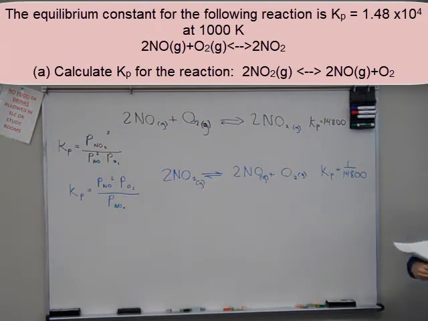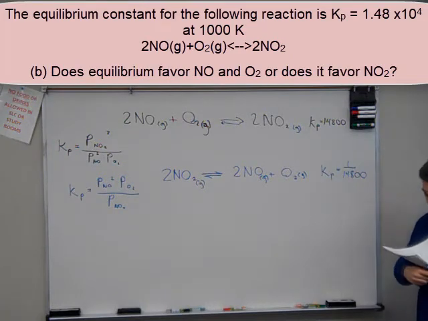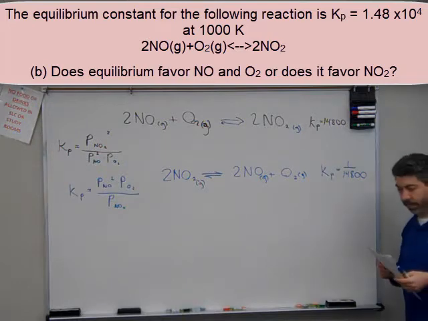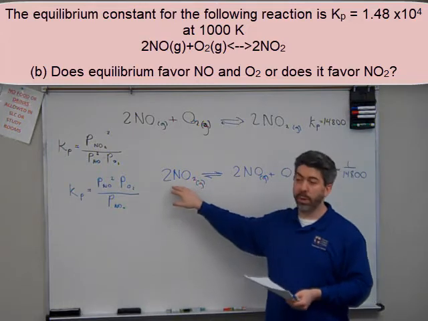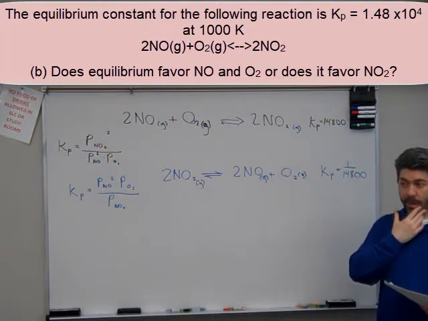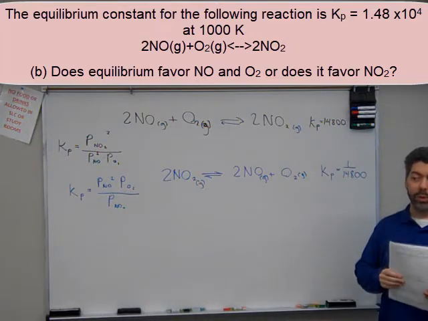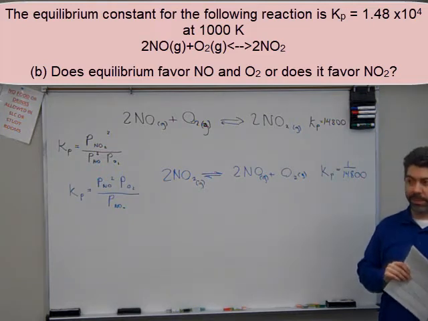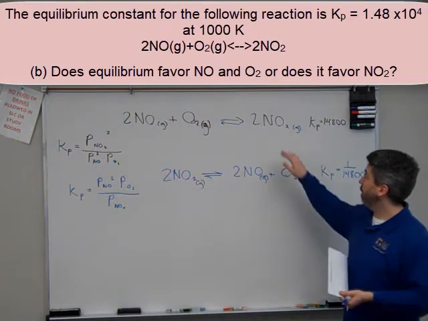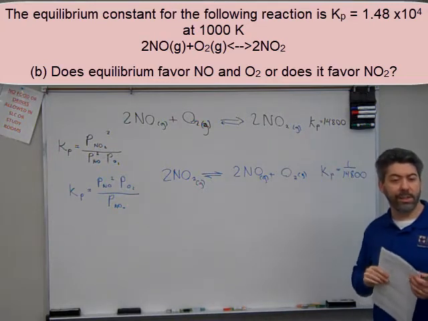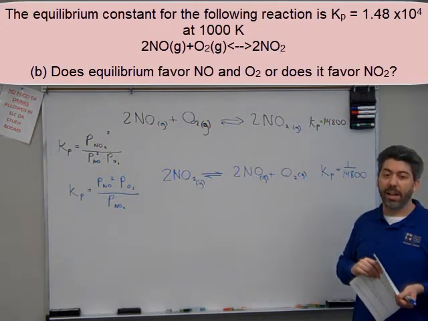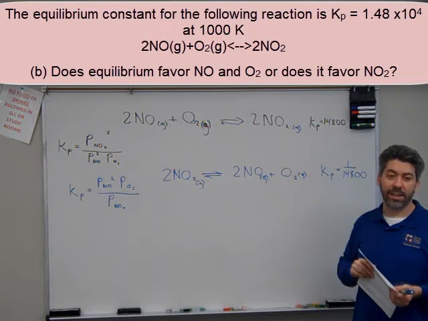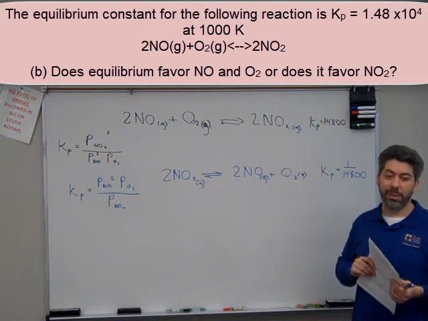Now it says, does the equilibrium favor NO and O2, or does it favor NO2? Does it favor nitrogen monoxide and oxygen, or NO2? And which equation tells us that? Between the two, I think it's a trick question: they both do.